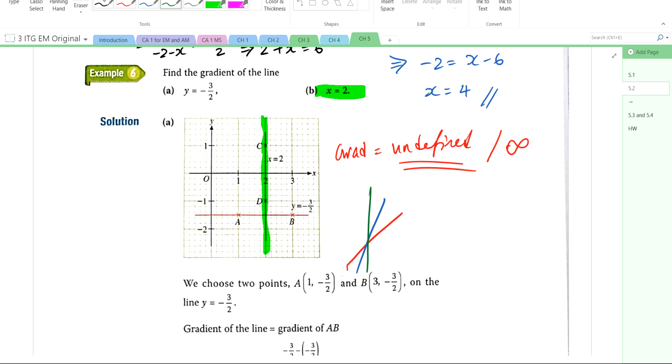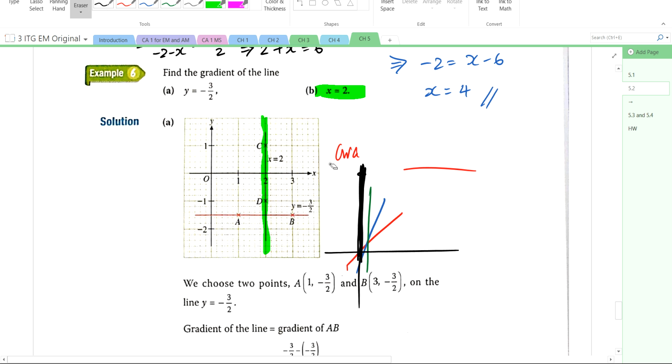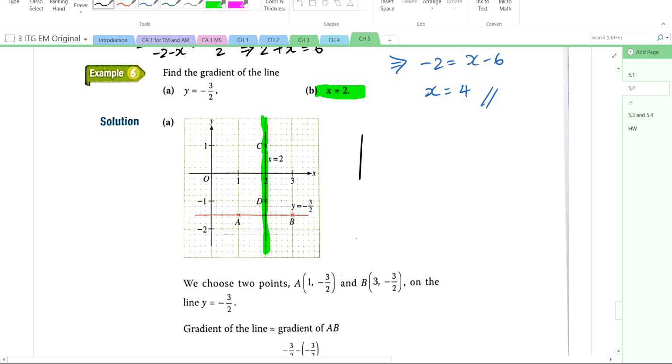Now, if I give you a graph that is parallel to the y-axis, or perpendicular to the x-axis, meaning this vertical line, what is its gradient now? Is it going to be bigger or smaller? It's going to be bigger, right? It's the biggest ever already. And that is infinity.